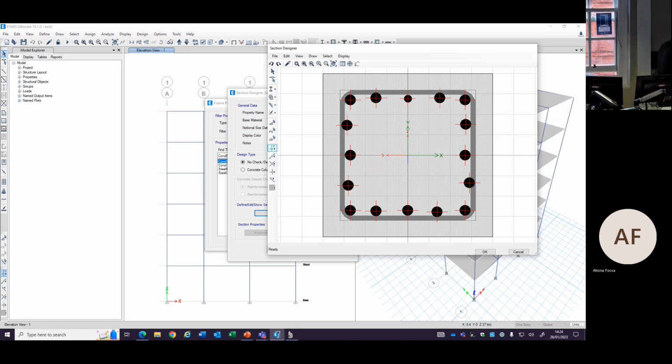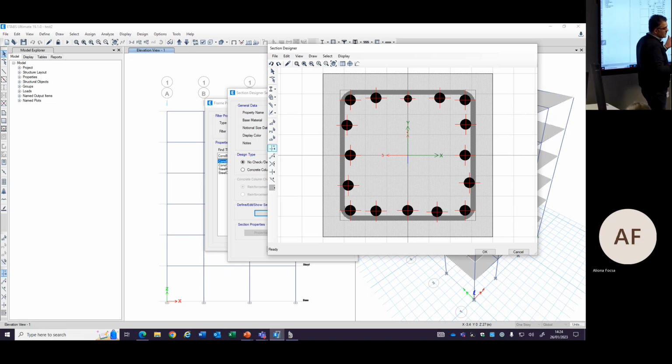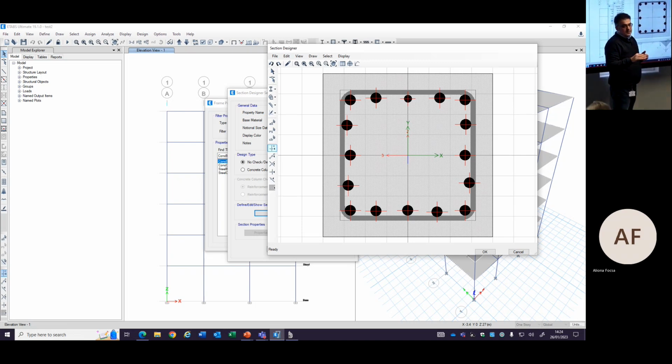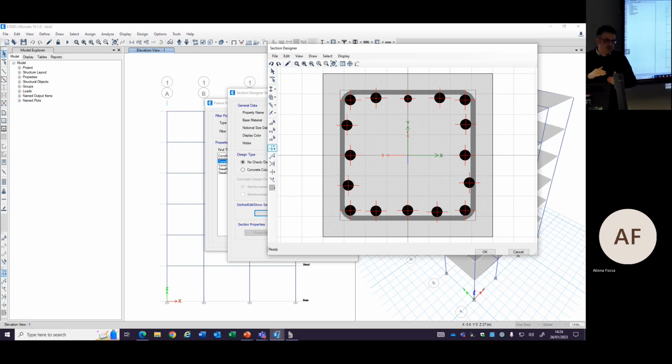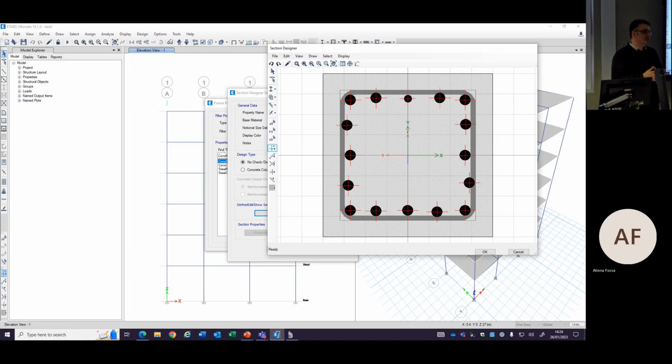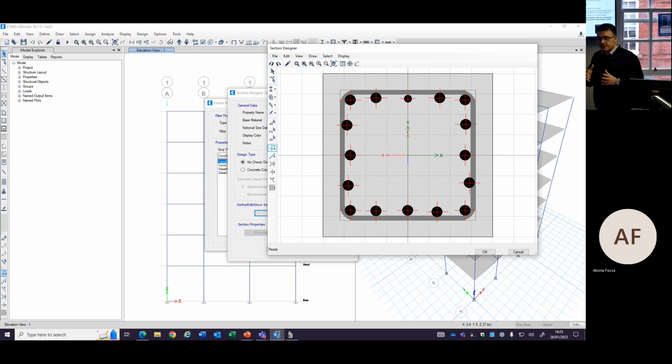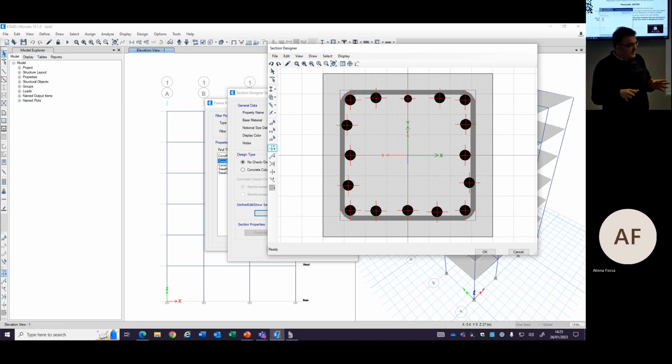Because if you put too much reinforcement, you will probably pass the criteria of 2% or 4% maximum reinforcement, or even sometimes you don't pass that threshold, but your reinforcement is so dense that when you pour concrete in place, the concrete cannot go between the bars and fill them in, and we will have some air gaps between the reinforcement, which is not good at all, because you should fill the section with concrete without any air.